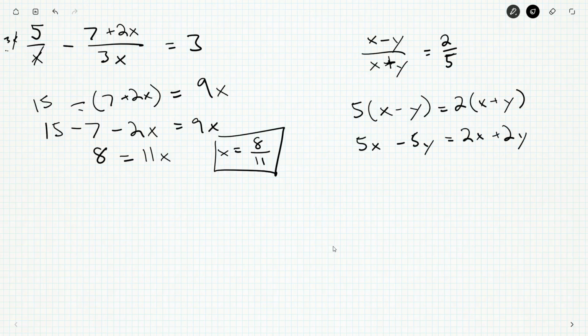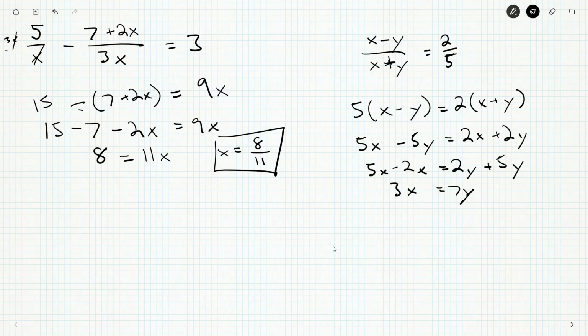And let's group all our like terms on one side. So 5x minus 2x, and then 2y plus 5y. Got to be very careful. The sign will change as we move over to the other side. Now we can simplify: 3x equals 7y.